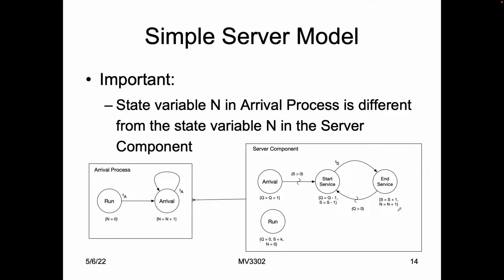The n in the server component was counting the number of service completions. Because these are entirely separate components, even though they happen to have the same letter name, they are 2 entirely different state variables. The order of run events is, or at least should be, arbitrary and irrelevant.